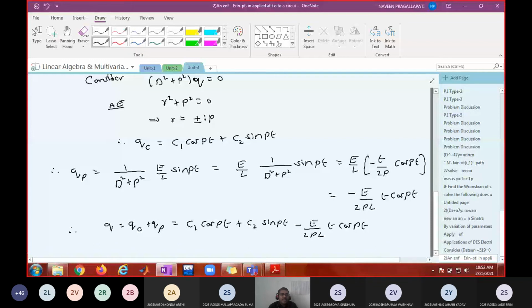Okay, now what is Q dash? You need to find out C1 and C2. Q dash is minus p C1 sin pt plus p C2 cos pt minus E by 2pL is constant, cos pt minus pt sin pt.